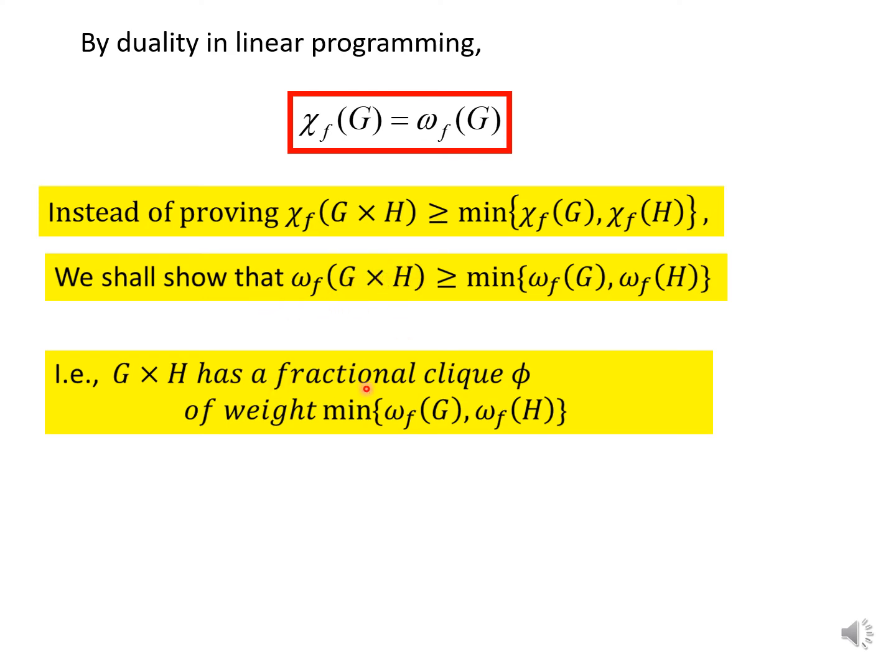So if we find one fractional clique of this weight, then we are done. If you want to prove this directly, then because the fractional chromatic number is the minimum weight of a fractional coloring, you have to prove every fractional coloring has weight at least this much. That's a difficult thing in some sense.